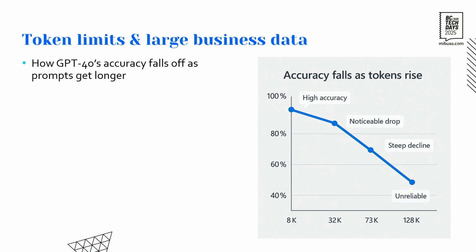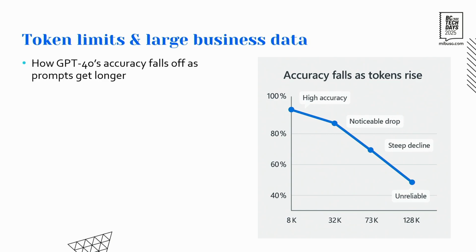So that's not something that you can rely on in your system. Even if latency and cost are not a question for you, if the accuracy is not there, then you cannot rely on such a system. So I just want to put a lot of emphasis on this: you need to use your tokens efficiently.